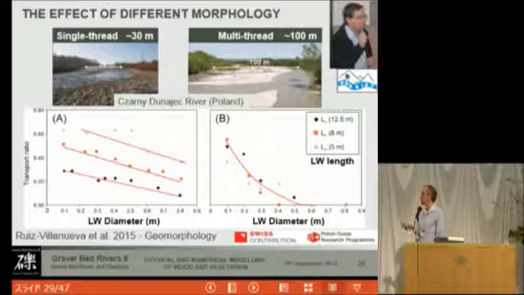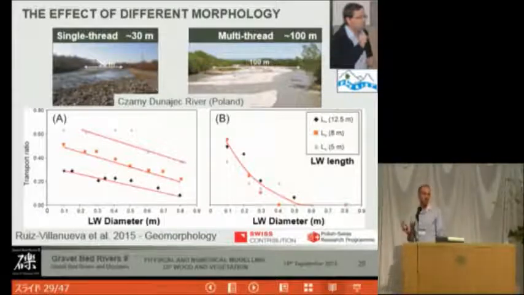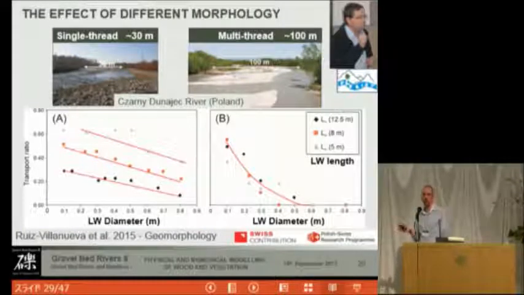Again, a single thread reach that was relatively narrow, 30 meters, and a more multi-thread reach, wider, 100 meters wide. So the use of the model can help understand, for example, the role of the diameter or the length of the log.